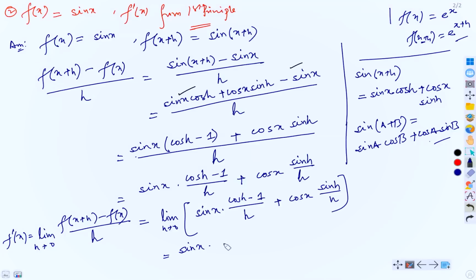Sin x times limit h tends to 0 cosine h minus 1 upon h. Similarly, since cosine x is free from h, we can put cosine x outside of this limit.